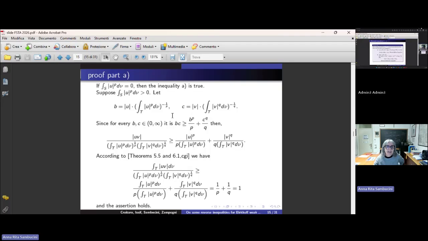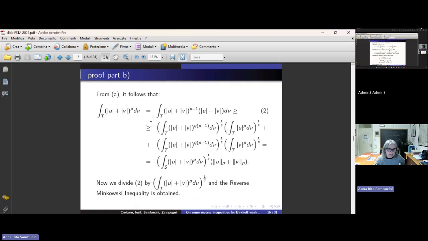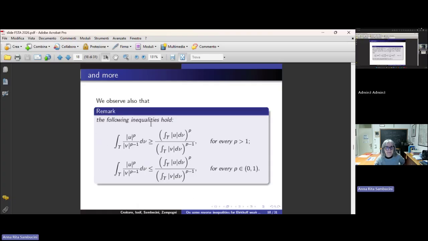The measurability is necessary in this part, which is not proved, in order to be sure that if the integral is 0 and u is non-negative, then the function u is equal to 0 almost everywhere. Okay.